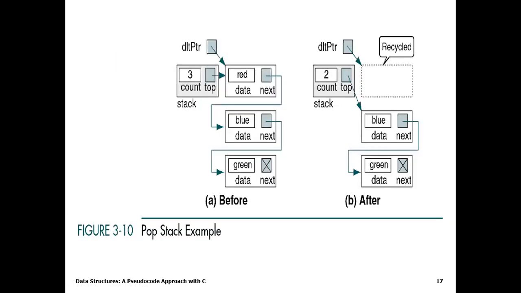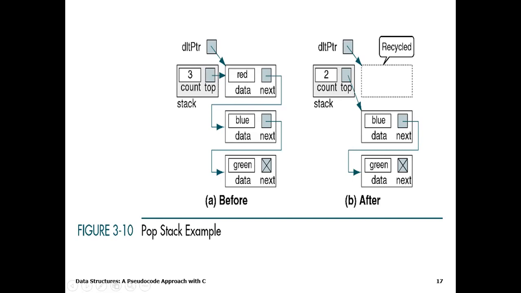Next we are going to see pop function in the stack. So the work of the pop function is to eliminate the topmost item in the stack. So this is an example of a stack. Here the total number of items in the stack, the count, is 3. The top value is pointing to the first element in the stack.